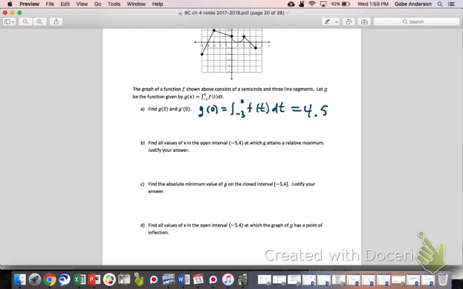The ordering is quite important. To find g prime of x, this is where FTC2 comes in, because you're differentiating the left side and the right side. So g prime of x just ends up equaling f of x. Then g prime of 0 would equal f of 0, and f of 0 is 1. Make sense?